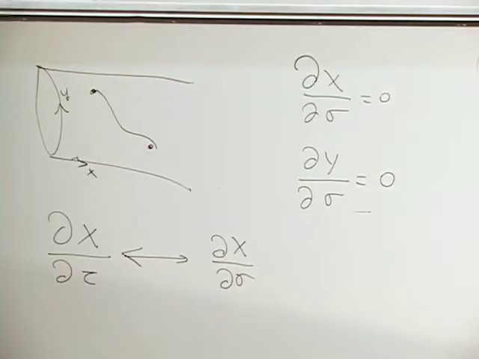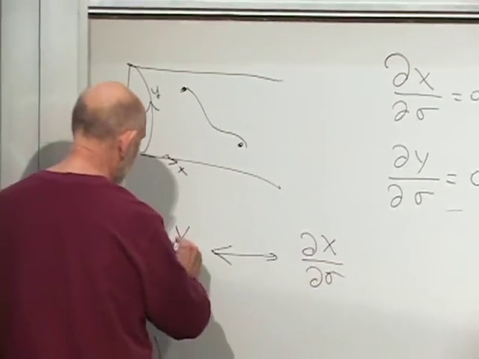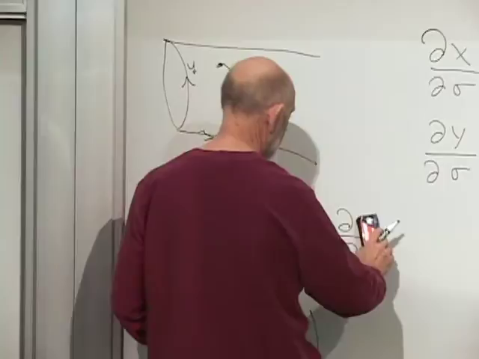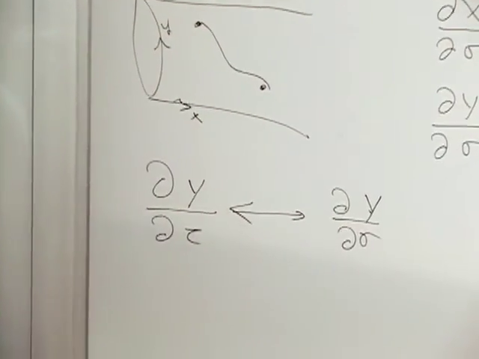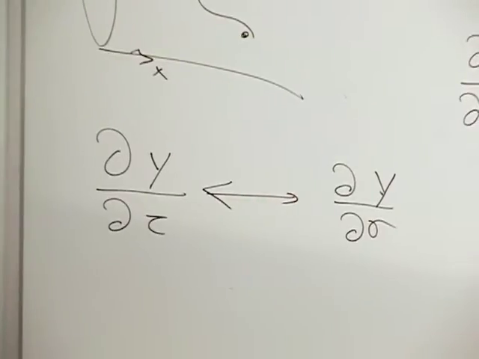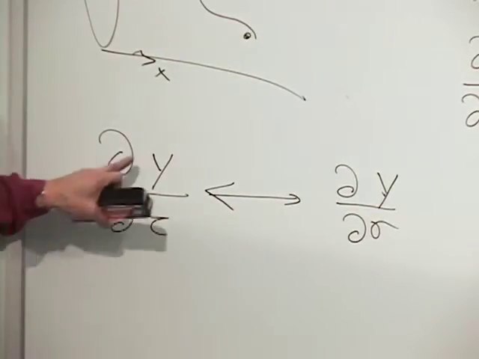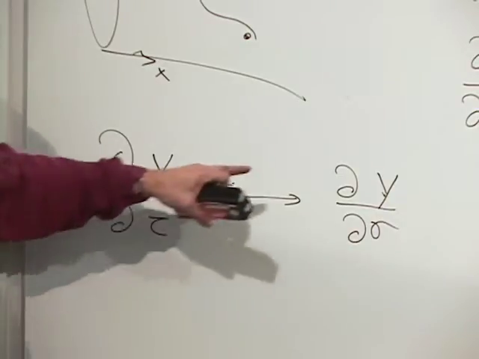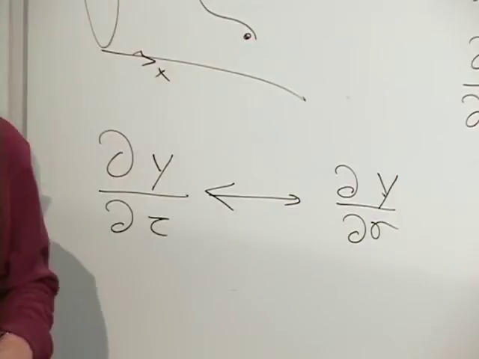I should actually write, since I'm mostly interested in the compact directions for the moment, let's concentrate on the compact direction. T-duality involves, among other things, replacing, every place you see it, dy by d tau by dx, or dy by d sigma by dy by d tau.